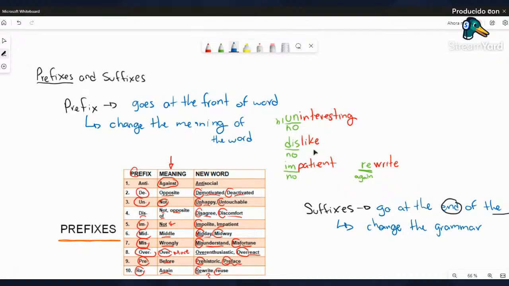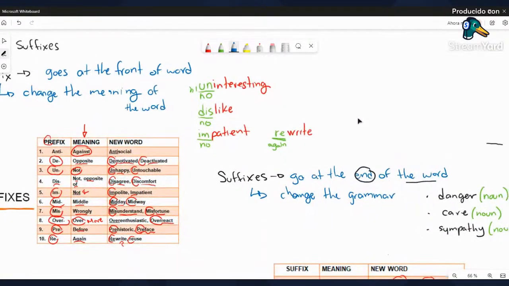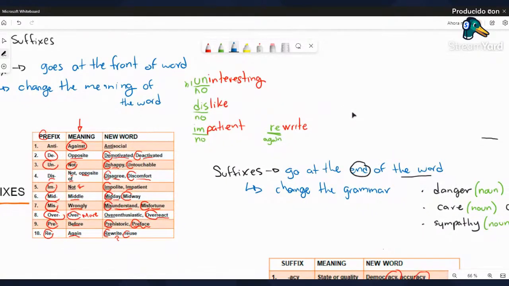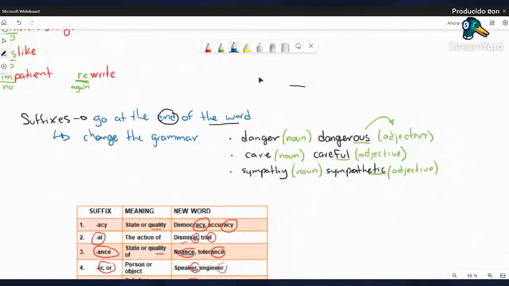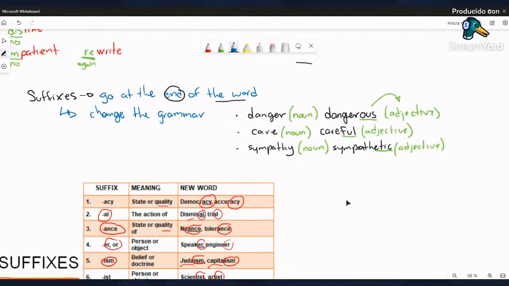For example, we change the word patient to not patient, or impatient. We change the word write to rewrite, or write again. We also showed some examples of prefixes. As you remember, we mentioned that there are hundreds of prefixes in the English vocabulary.